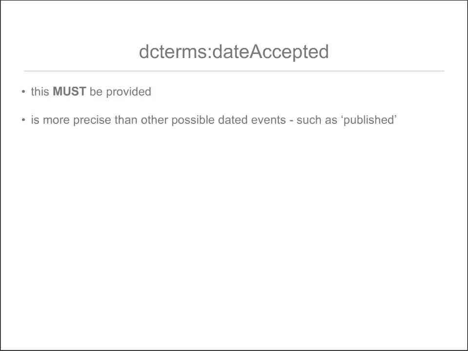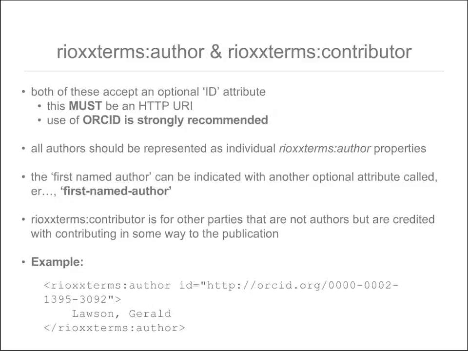There are many candidate dates for the published date, but the date accepted tends to be a more concrete business event. There's a contractual aspect to this, so it tends to be clearer and more precise. And the policies from the research funders which we're trying to support are actually based around the accepted date. So this is a very important property in the profile.